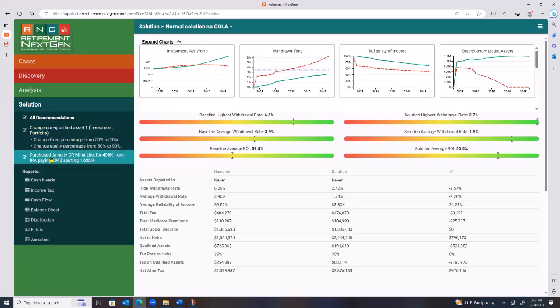I took $500,000 off the table, approximately 35% of his money. And then I put the rest in his non-qualified, went from 50-50 to 90% equity, 10% fixed. I've got all the money you need. I've still got 170,000 in my qualified, and even if I hold 10% back, I have 70,000 of cash or liquid assets in my non-qualified in case I need money.